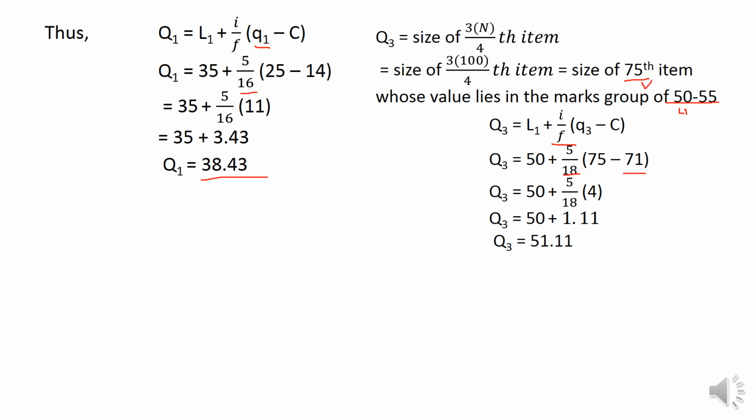So 75 minus 71 will be equal to 4, and 4 multiplied by 5 is 20, and 20 divided by 18 we get 1.11, and when we add 50 plus 1.11, we get the answer 51.11. So in this way we are able to calculate quartile.